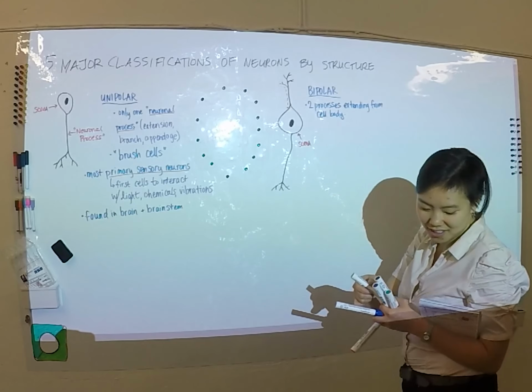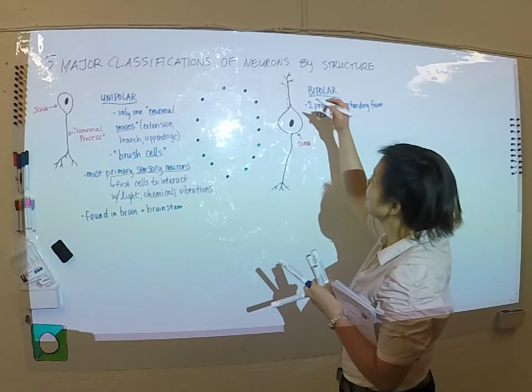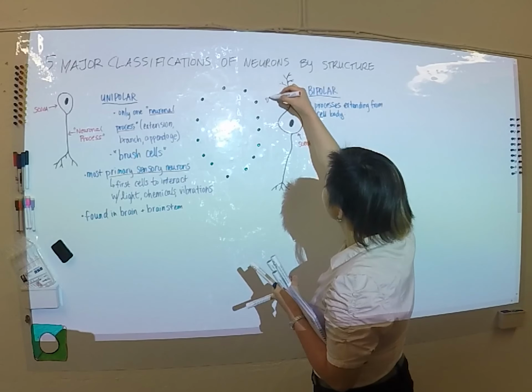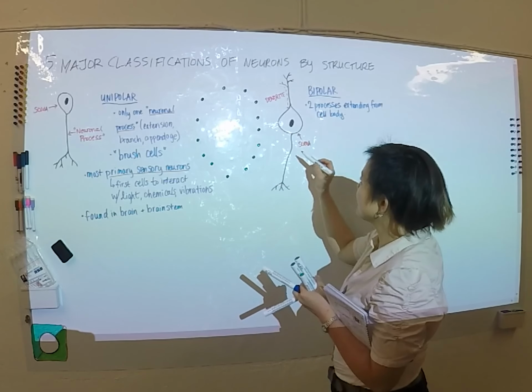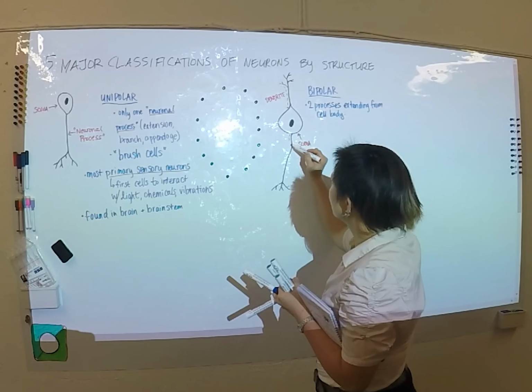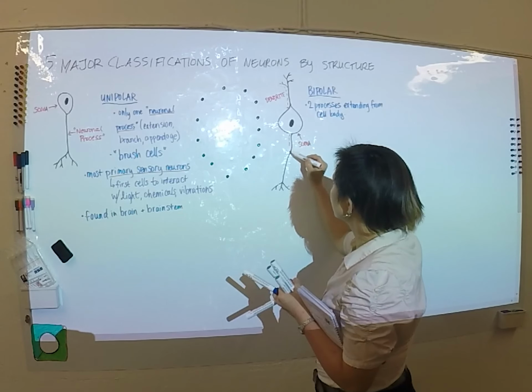So what does that mean it is? That means it is a dendrite. Okay? And the second usually carries electrical signal away from the soma, meaning it is an axon.